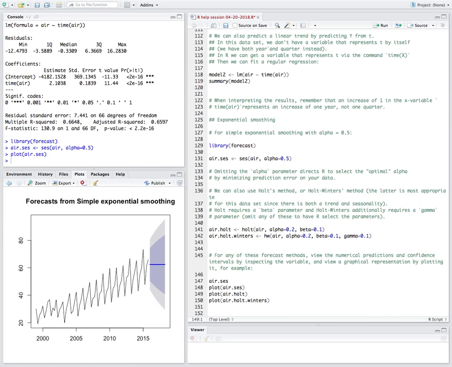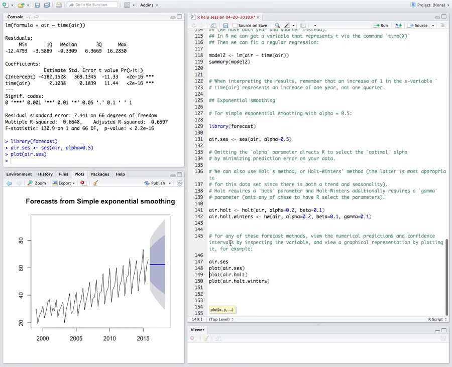So you would want your forecast interval to be as small as possible. Can you see the difference over here and over here? You want that to be as narrow as possible. So obviously, this is not really a good model for our data set.